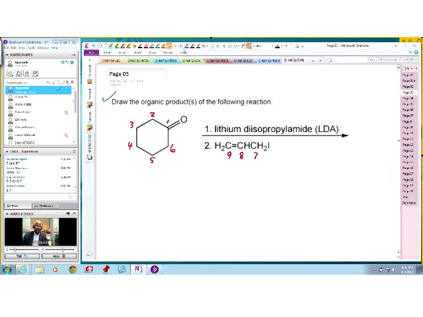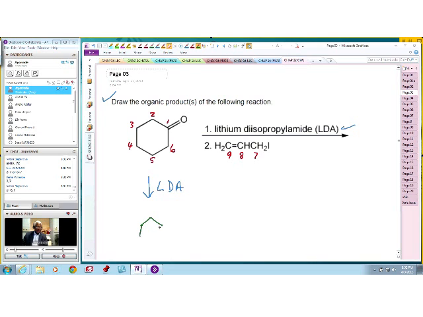Because what happens here, the LDA, which is this here, what does it do? It forms the enolate anion. Actually, it could be 6 and 7. Did somebody say 6 and 7?